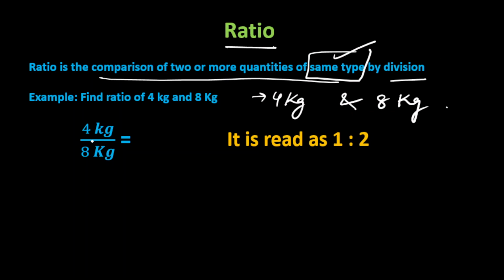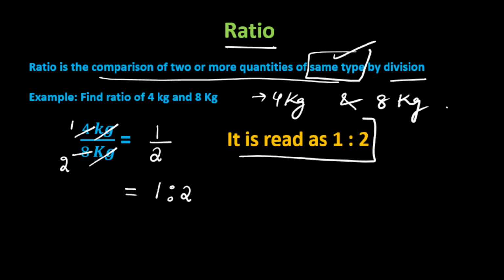So 4 kg divided by 8 kg. Here kg and kg will get cancelled. 4 into 1 and 4 into 2. So we'll get its answer as 1 by 2, which is written as 1 is to 2. It is read as 1 is to 2. These two dots we can see, it is read as is to.